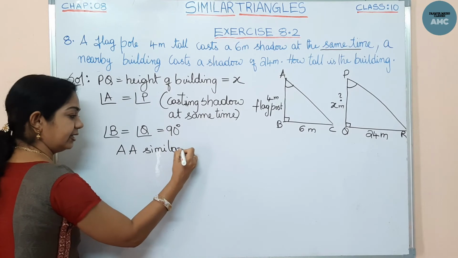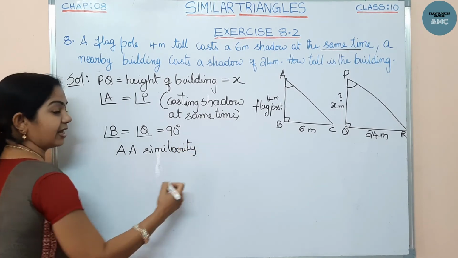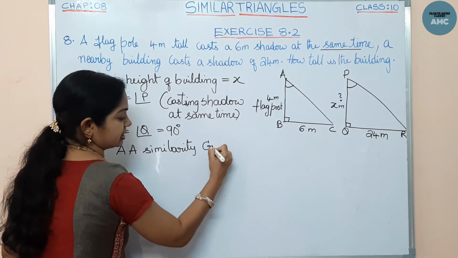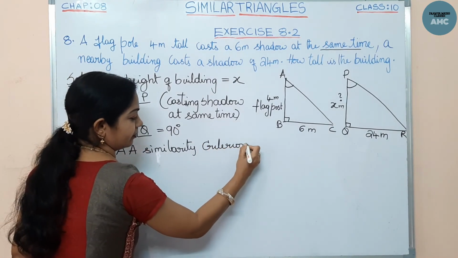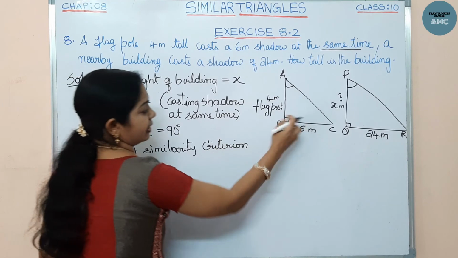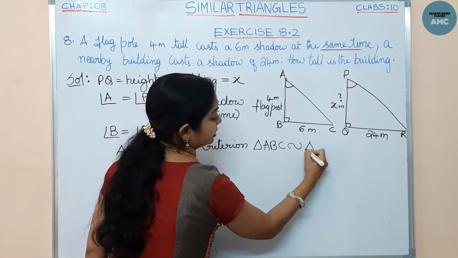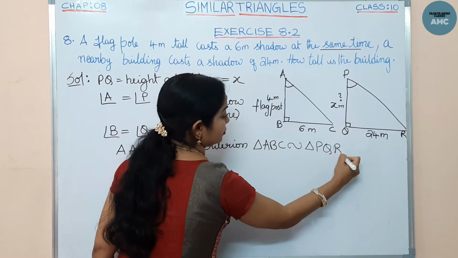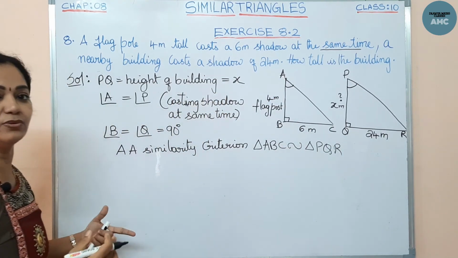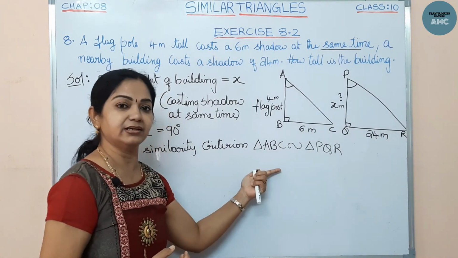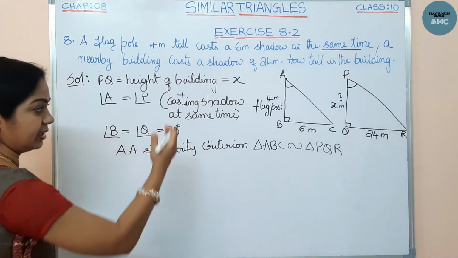The third angle is naturally equal from the angle sum property of the triangle. By AAA similarity criterion, triangle ABC is similar to triangle PQR. In all the problems we have been using the similarity criteria. Since they are similar, the corresponding sides are equal.